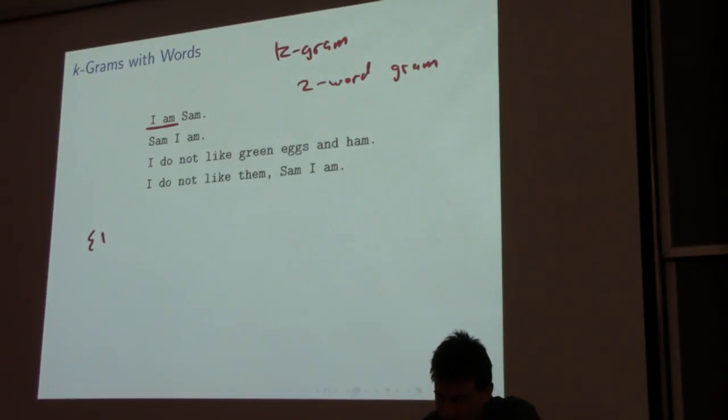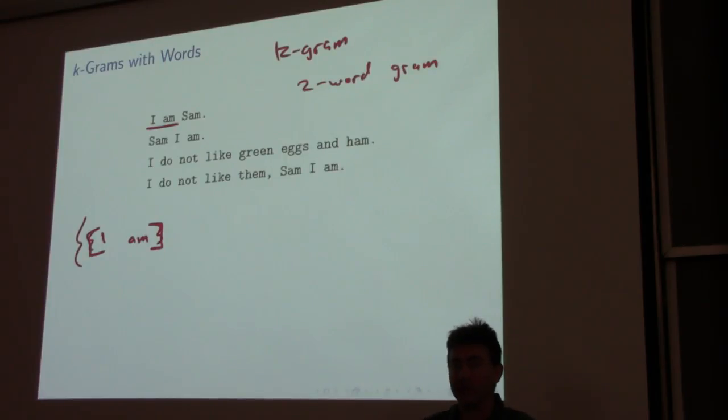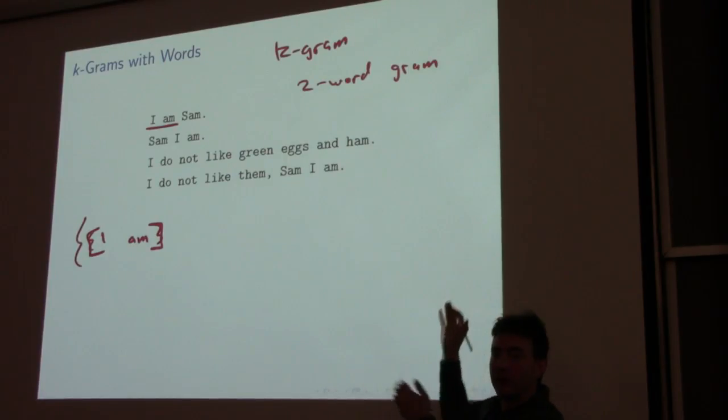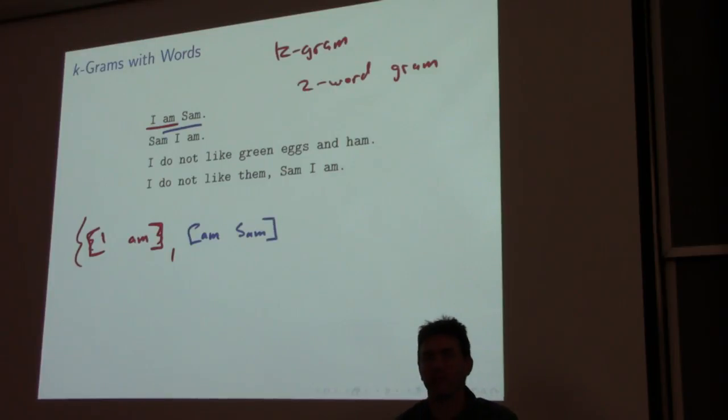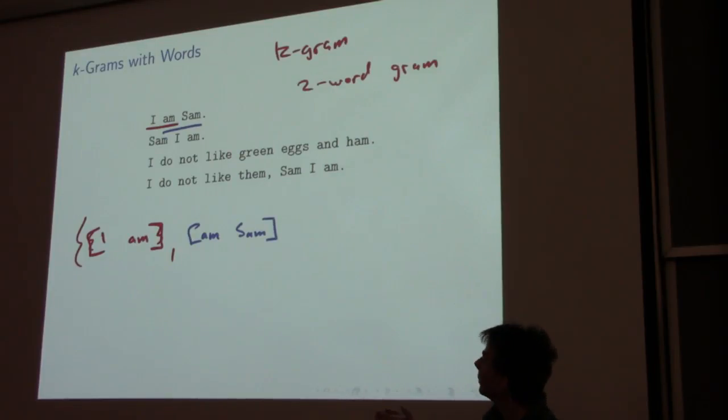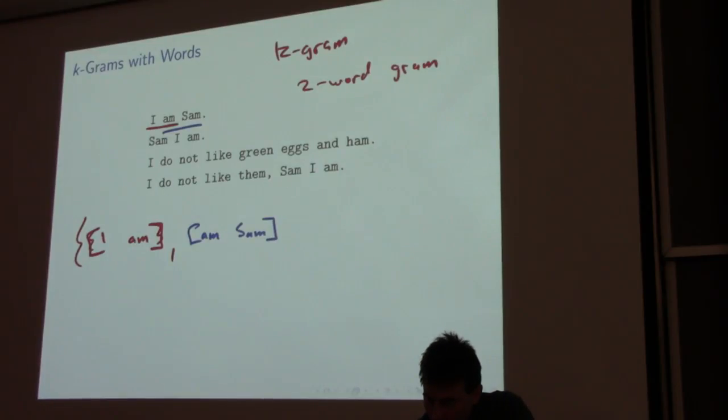I'm going to think of stringing this all together as one document. The first one is I am. The second one is am Sam. I've repeated am, I've used that twice. And then the next one is going to be Sam.